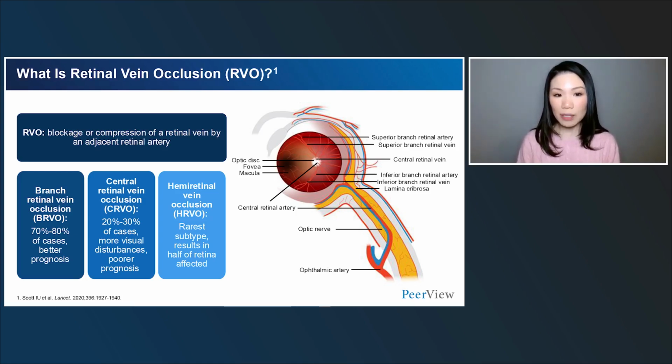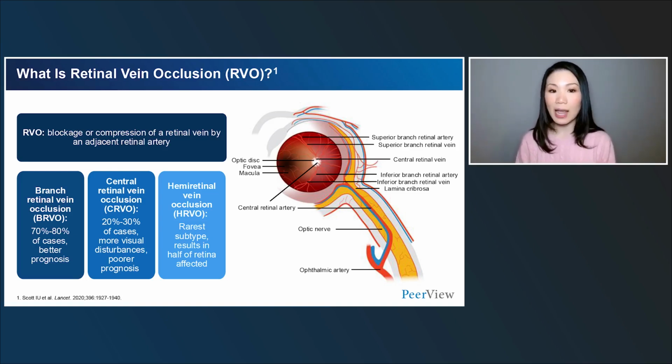We already mentioned this briefly, but there are different types of retinal vein occlusion, as you see listed there. There's the branch, which accounts for 70 to 80% of cases, and usually, as I mentioned earlier, has a better prognosis, usually presents with better vision. We've got central retinal vein occlusion, which accounts for up to a third of cases. Again, more serious in terms of the visual debilitation associated with this condition, usually a poor prognosis.